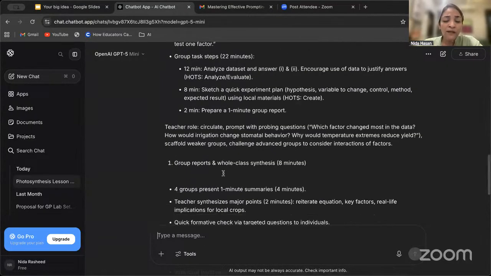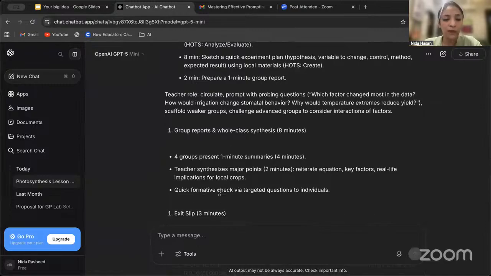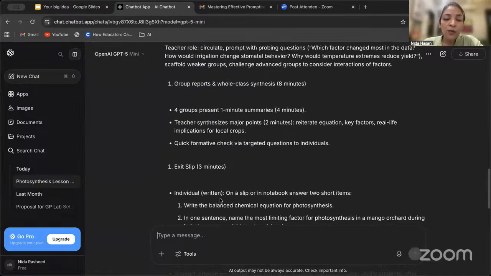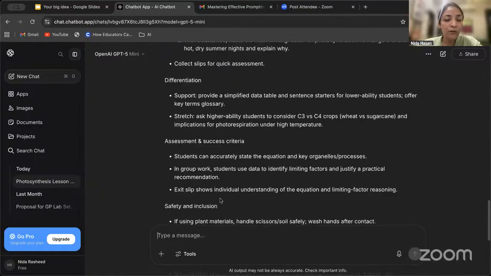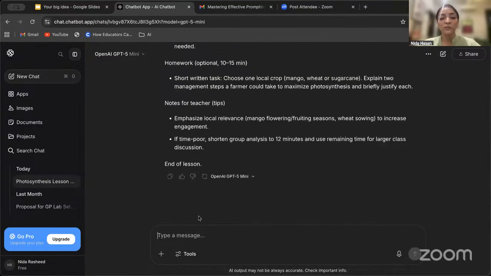So if there is something that I do not like about this main activity, I can always give a different prompt.